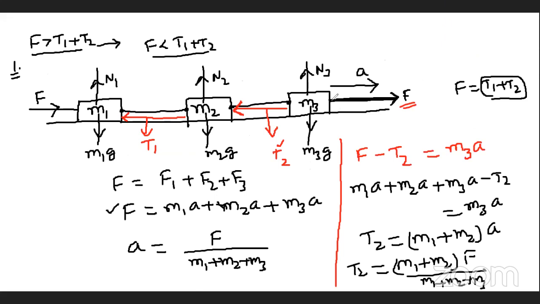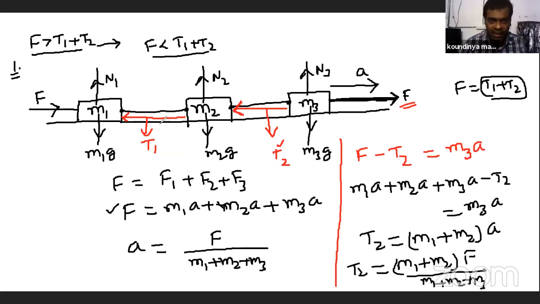F minus T, equals F minus of T1 plus T2. Okay, this will cause the motion in M2 and M3.